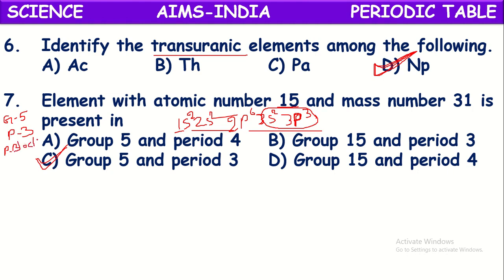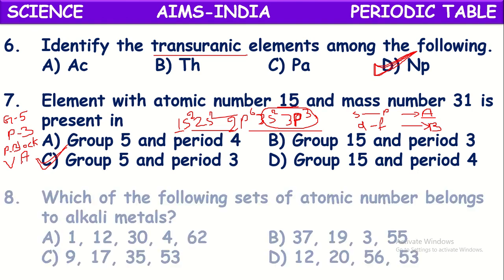If the block is s block or p block, then the subgroup will be A. If the block is d or f, the subgroup will be B. Now for this element, the block is p block, so the subgroup is A. Now we can say its group number is 5A or 15th group. It belongs to the 15th A group and third period in the modern periodic table.